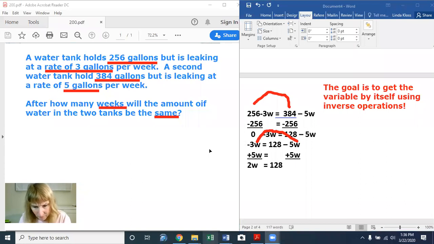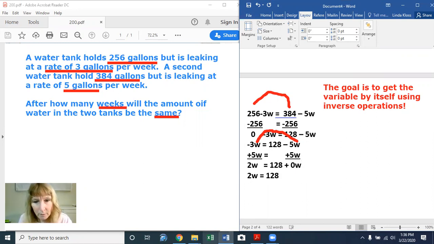So plus 0w. Not OW, 0w. Okay. Now I'm just going to drop the 0w because 0 times any number is 0 and 128 plus 0 is just 128. So now I'm left with 2w equals 128.